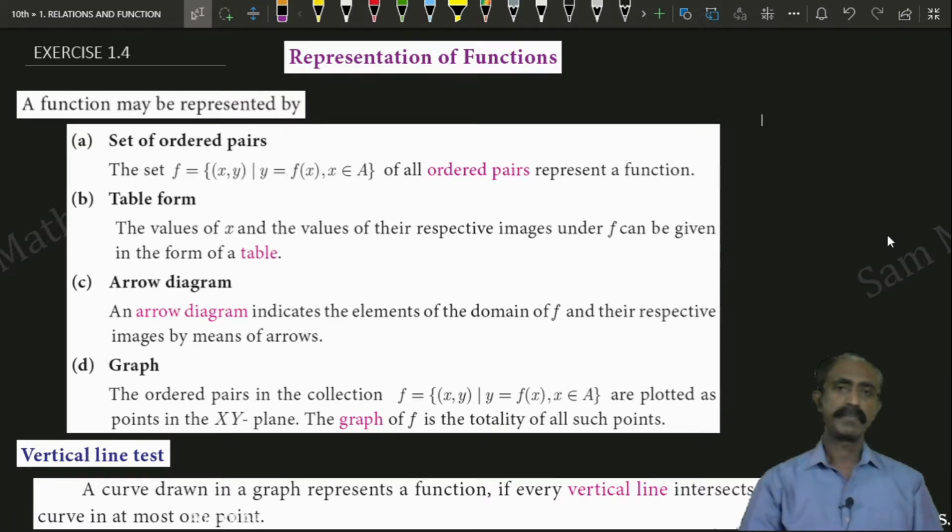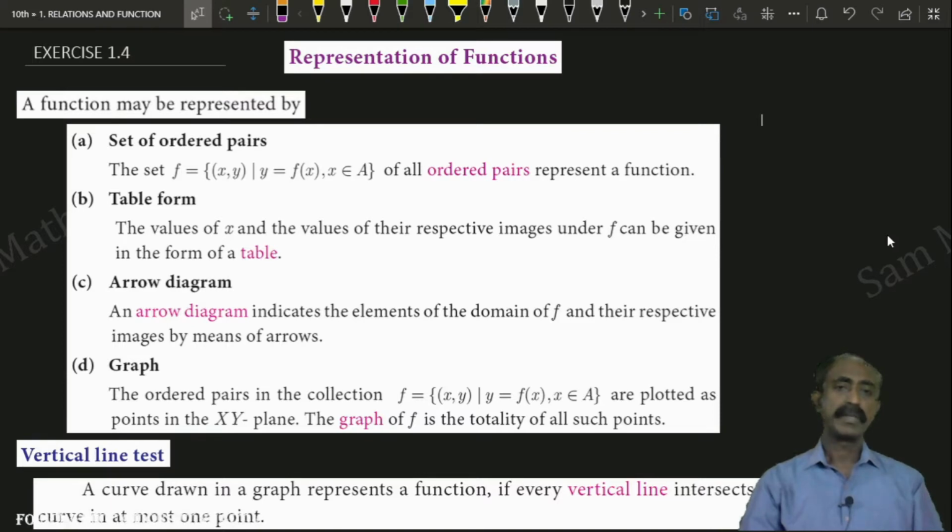Table form. The value of x and the values of their respective images under f can be given in the form of a table. That is known as table form. Arrow diagram. An arrow diagram indicates the elements of the domain of f and their respective images by means of arrows.